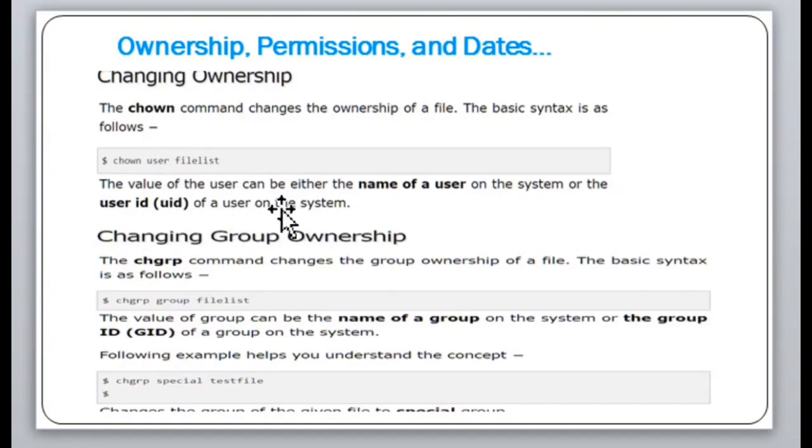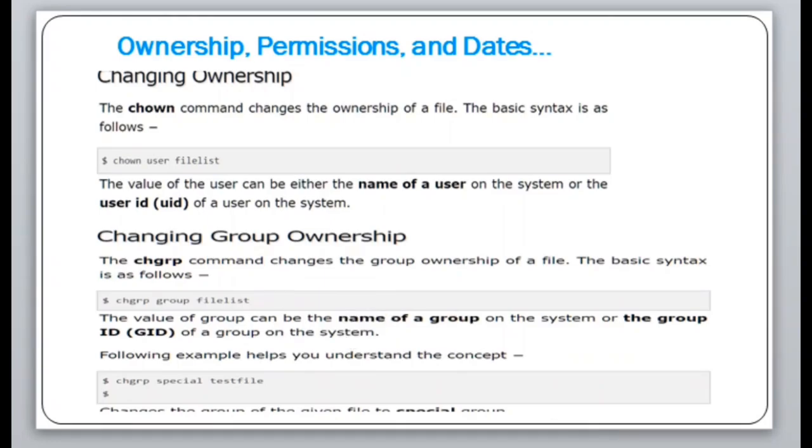The value of the user can be either the name of the user on the system or the user ID of a user on the system. chgrp follows a pretty much similar syntax. So we do chgrp, space, the group you want to change it to, and then the file you're changing. Okay. So in this example, filelist will have its group owner changed to group. The value of the group can be the name of the group on the system, or the group ID of a group on the system.